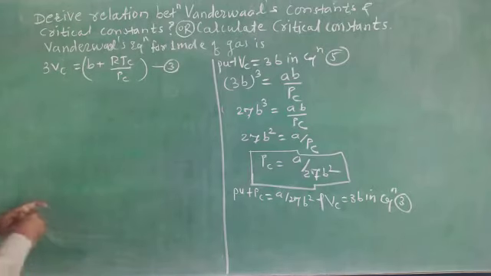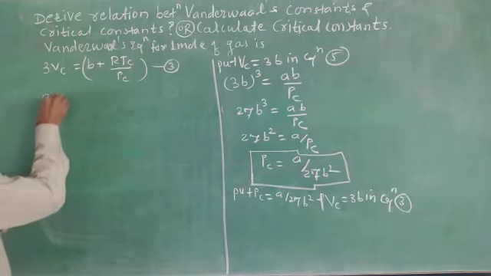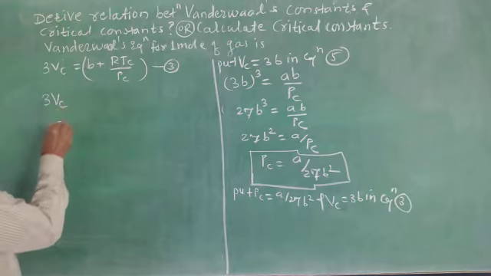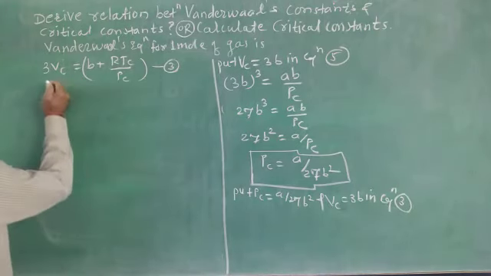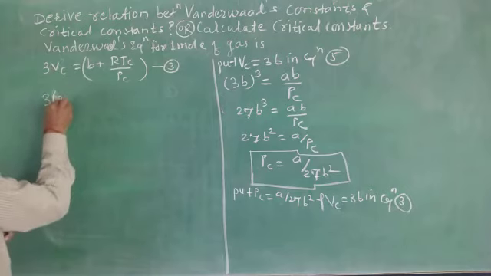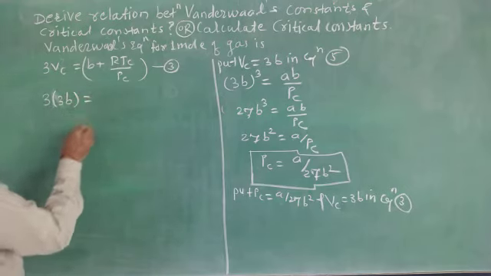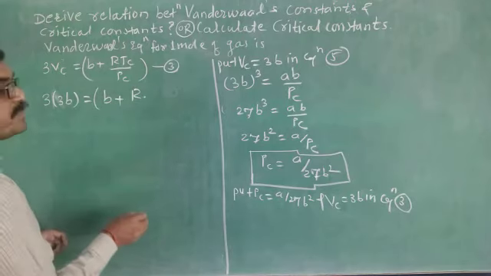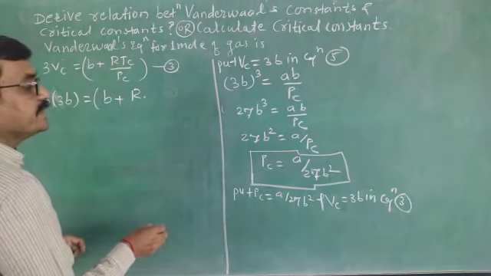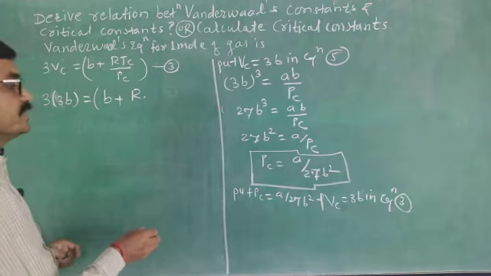You will get 3 Vc, where Vc equals 3B, so instead of Vc only 3 times 3B, B remains as it is, plus R. What is the value of Tc?